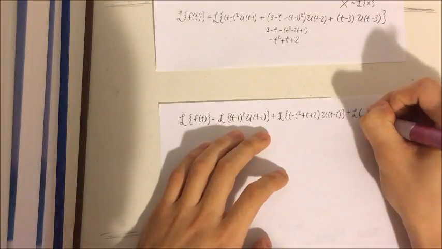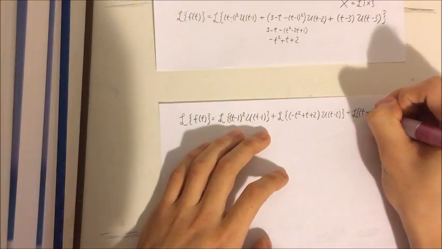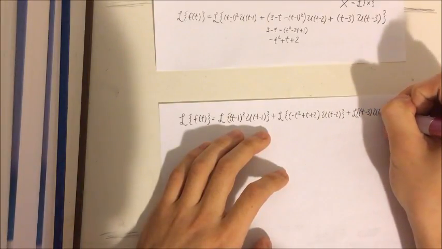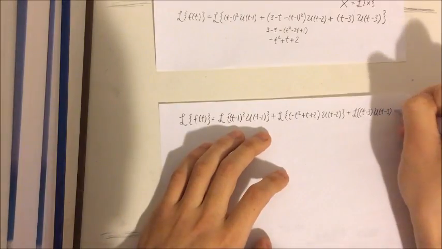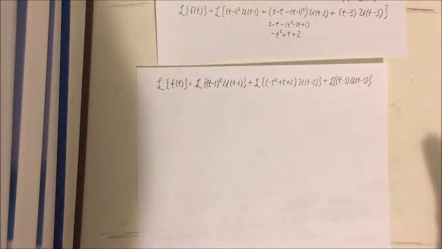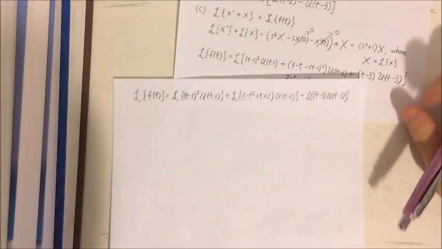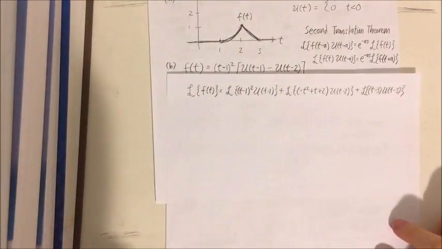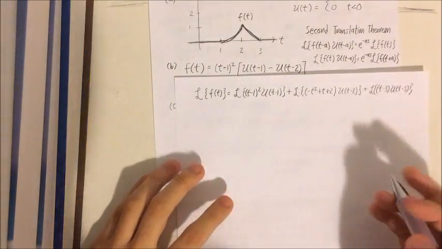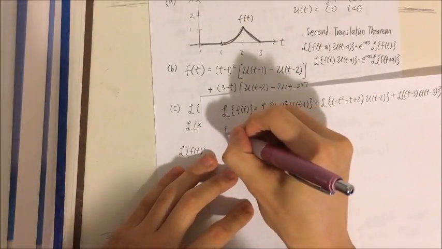plus the Laplace transform of t minus 3 u of t minus 3. So we have this now. And again, let's get our second translation theorem, which gives us a way to evaluate this.